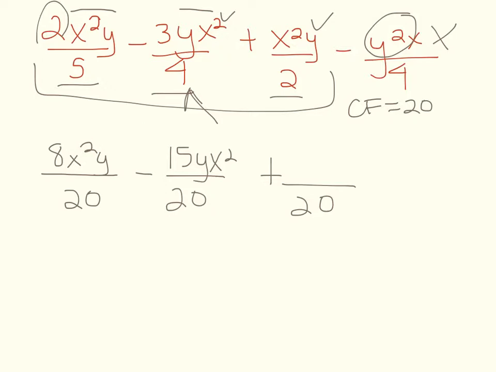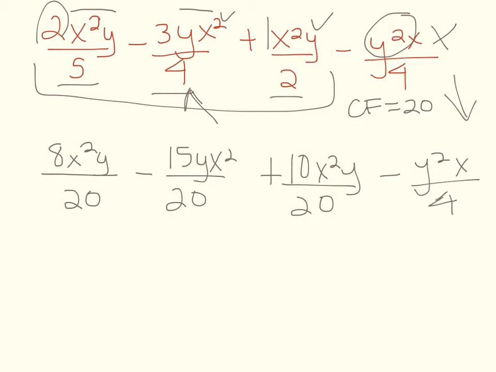When you have no number in front, it's assumed that it's 1. We just don't write that because it's assumed. So it's actually going to become 10x squared y. And we'll just drop down our fourth term here, even though we're not doing anything with that term.